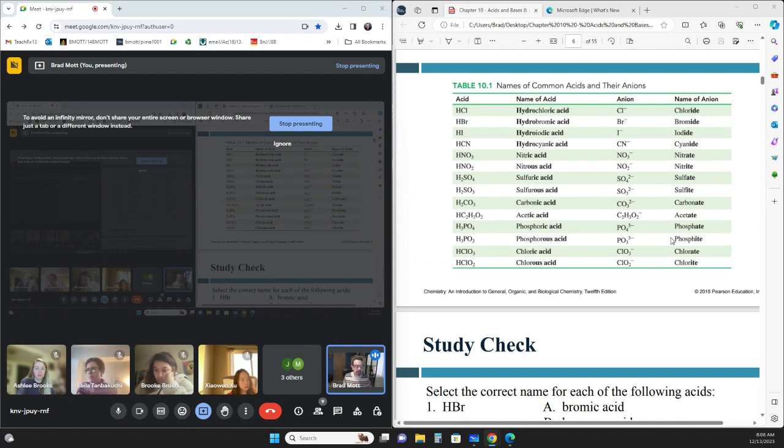There are handy charts at your fingertips to help you find the actual names. But if you look, this shouldn't look completely foreign. We have anions here and a whole bunch of polyatomic anions over here, and their associated names, the ous's and the ic's, essentially, in this case.